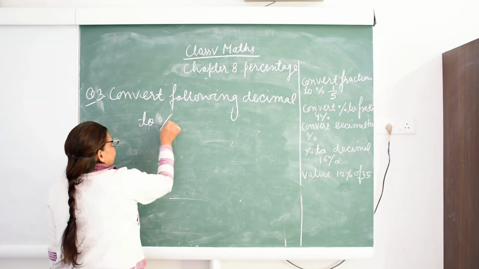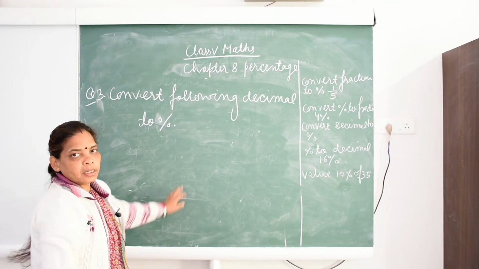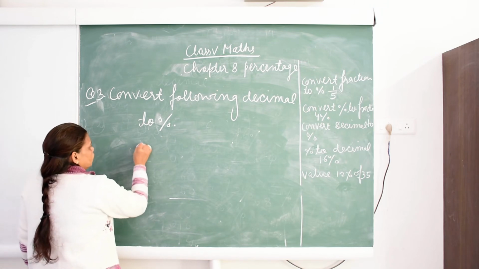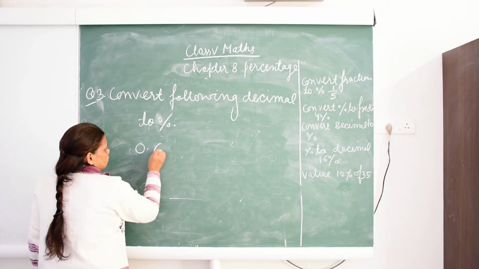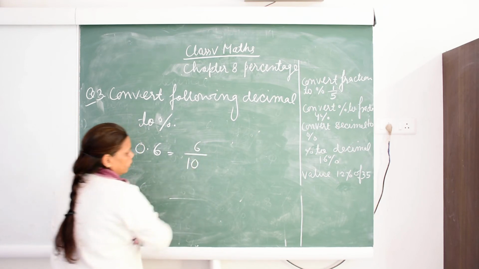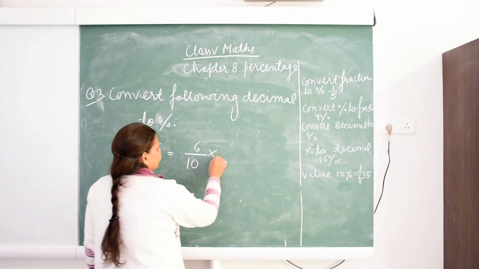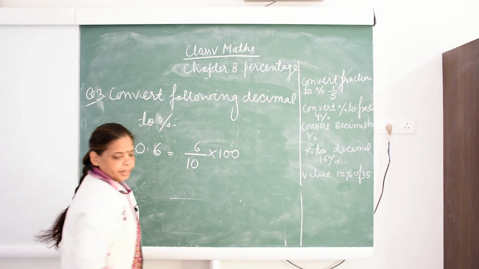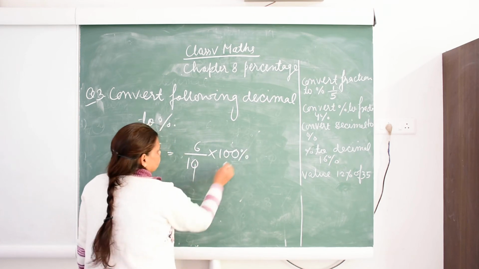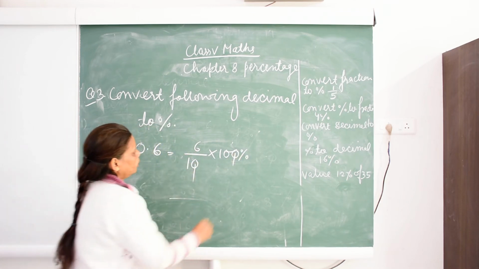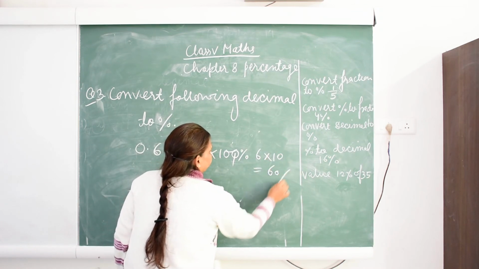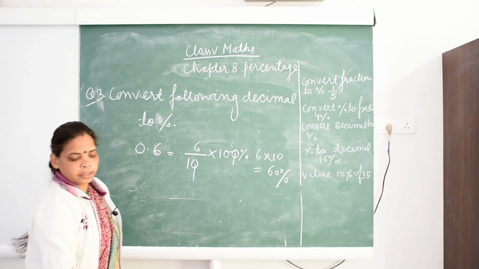This decimal is given, and you have to change it into a percentage. It means you have to multiply with 100. 0.6. So first you convert it into a fraction, 6 upon 10, and multiply with 100 percentage. So 6 into 10 is equal to 60%. Understand, children?